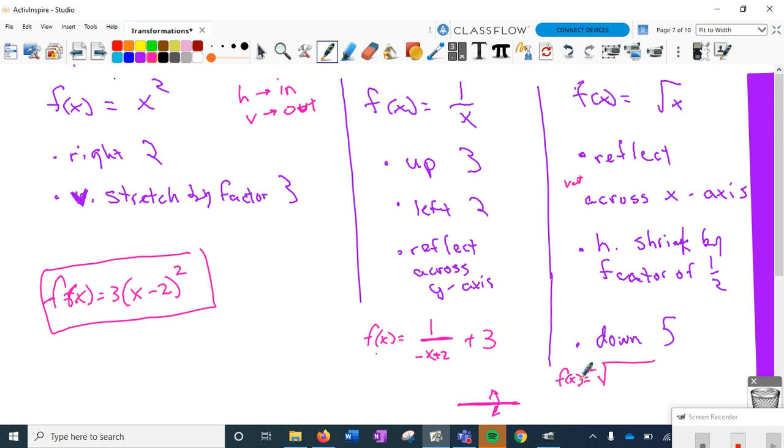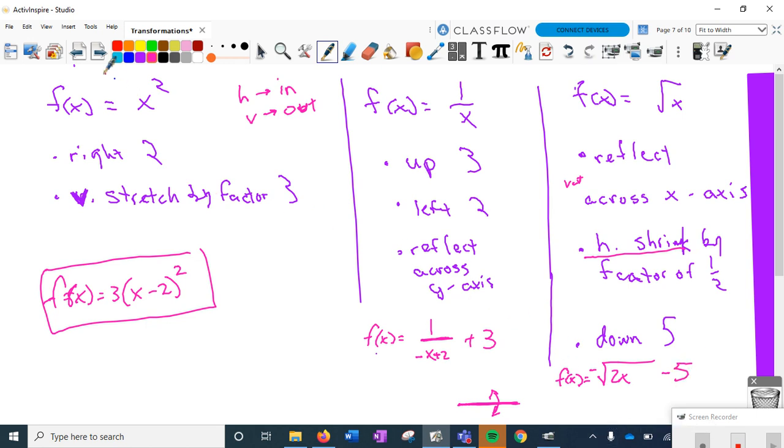Negative goes out front because it's a reflect. Reflects always mean multiplied by negative, has to go out front. Okay, horizontal shrink. Okay, horizontal has to happen inside, and since it's opposite of what we think, we're going to put a 2x. And then down 5. Down 5 is always an outside, minus 5.